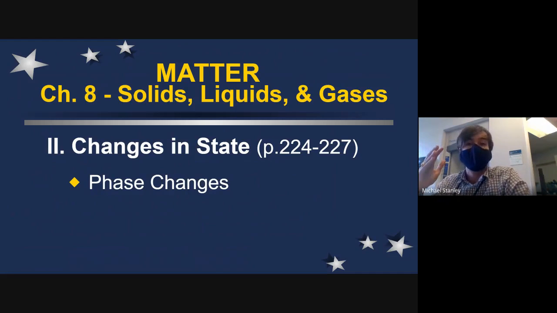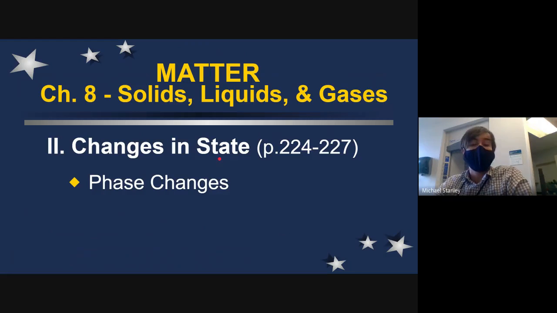So now that we know a little bit about specifically the different states that we're dealing with in this class, the next thing to kind of logically talk about is how do we get from one state to another? And specifically, what is it called when we change from a particular state to a different one? So we call these changes phase changes.